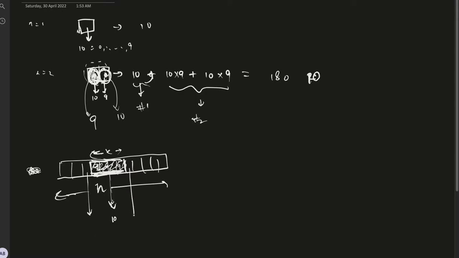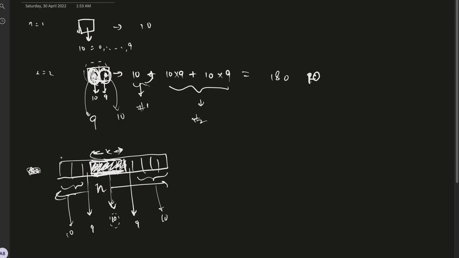These two indices can have any digit, but not the digit that is chosen here. So it has 9 options here and 9 options here, and all the remaining digits can be anything, so 10 options each for them.